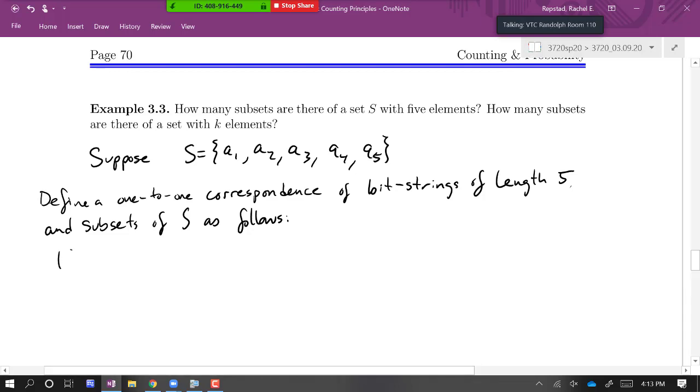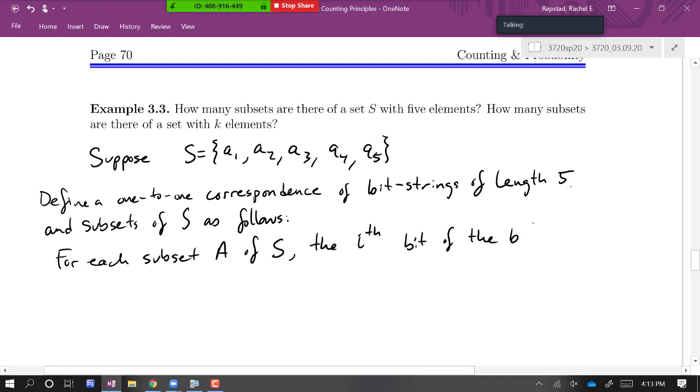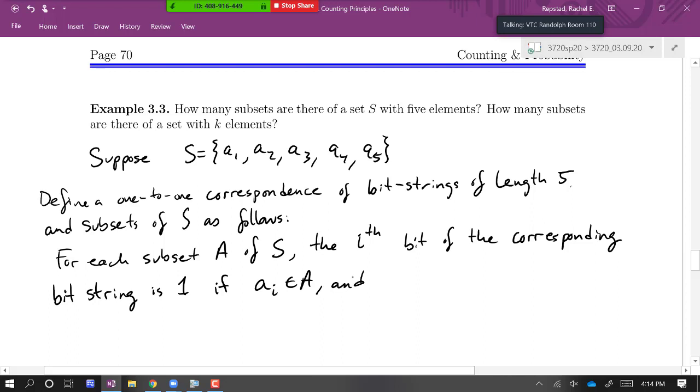For each subset A of S, you'll say that the ith bit of the corresponding string is 1 if A sub i is in the set A, and it's 0 if it's not in the set.